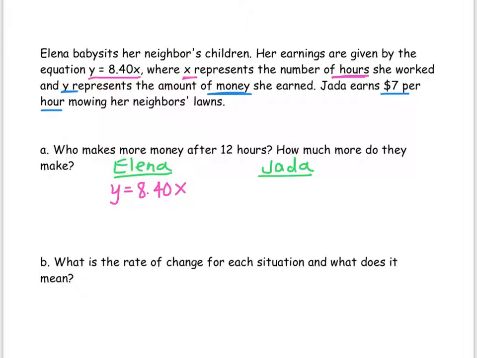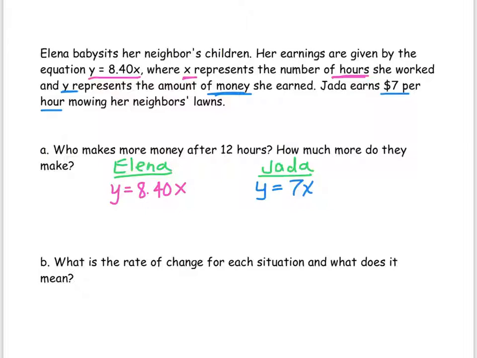So her equation is going to be y, again, the amount of money they make. She gets $7 per hour. So an equation that we could use at any point would be 7x. So again, these equations show the relationship between the amount they earn and how much they work.